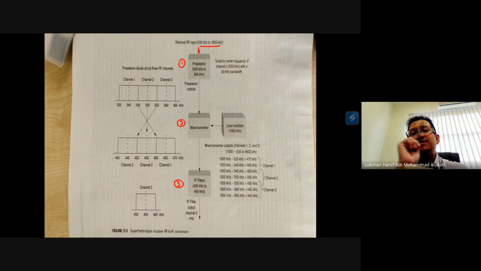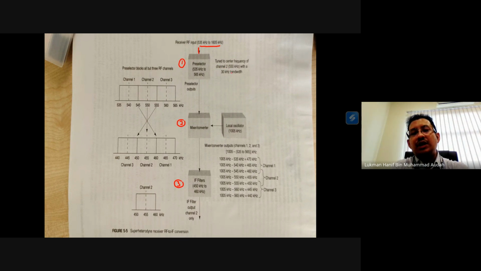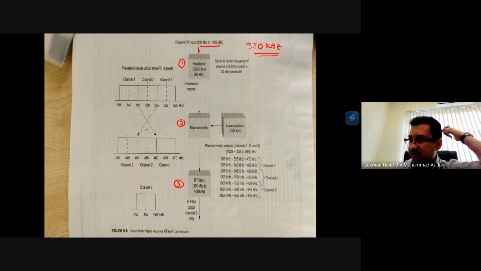So in this example, I'm going to tune at radio channel 2, which frequency is 550 kilohertz. I want to listen to radio channel at 550 kilohertz.